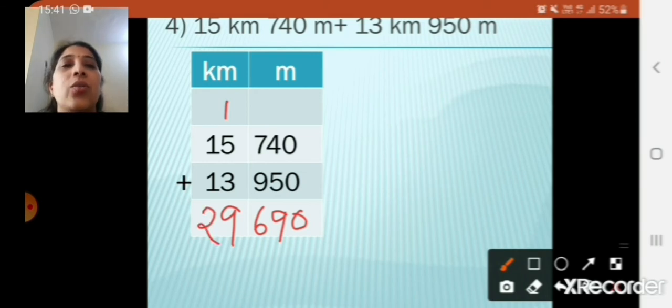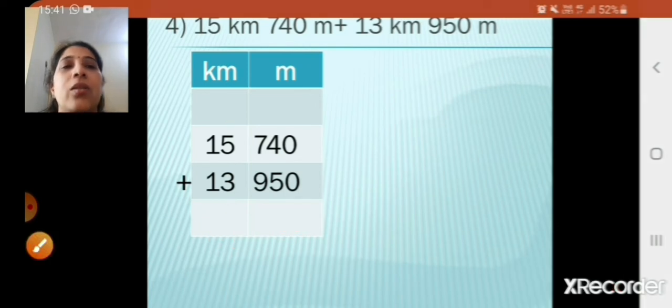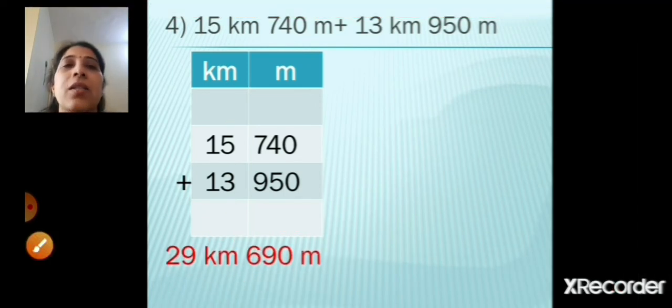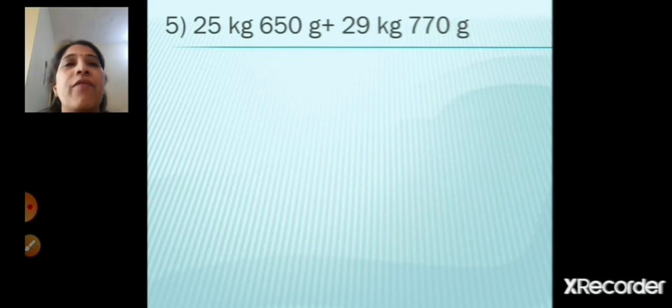So what answer you got? 29 kilometer 690 meter. So we will write the final answer as 29 kilometer 690 meter. Right, children? Now we'll move to the fifth one. 25 kg 650 gram plus 29 kg 770 gram.